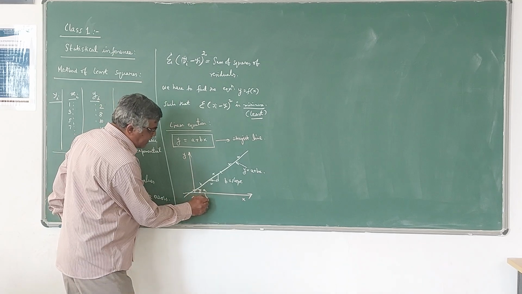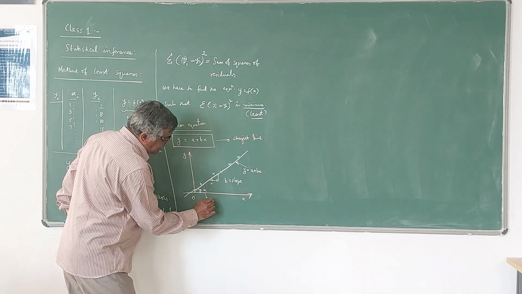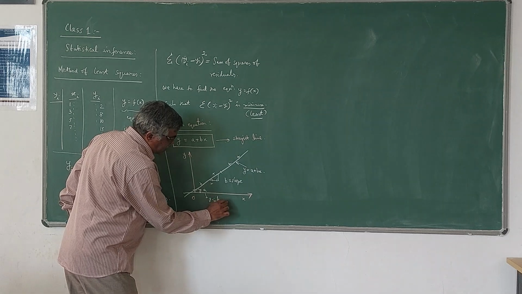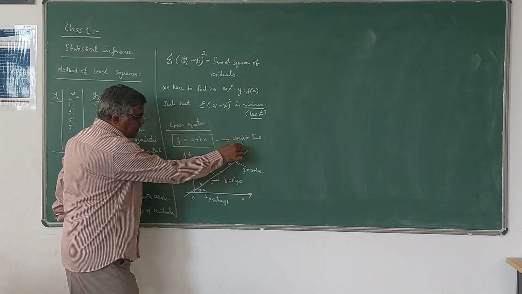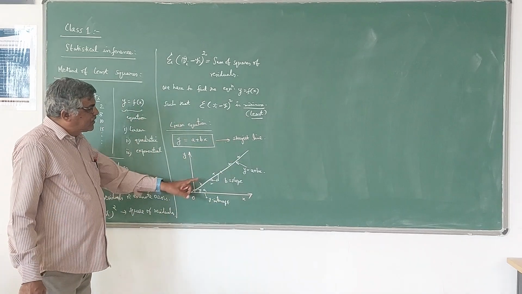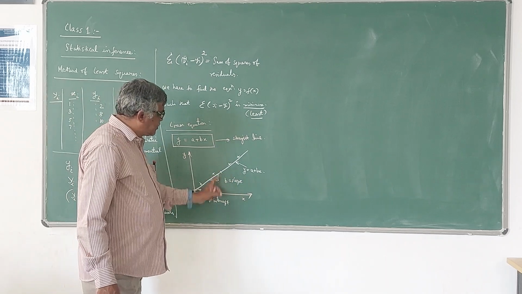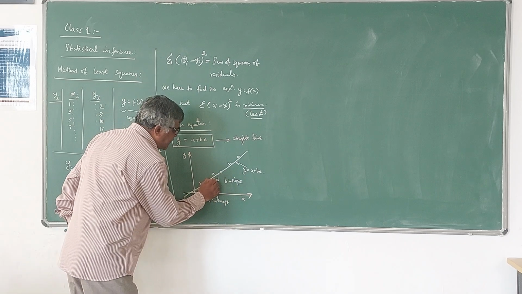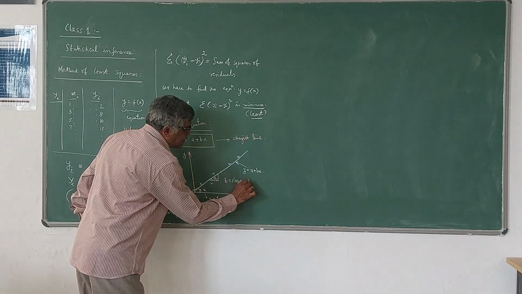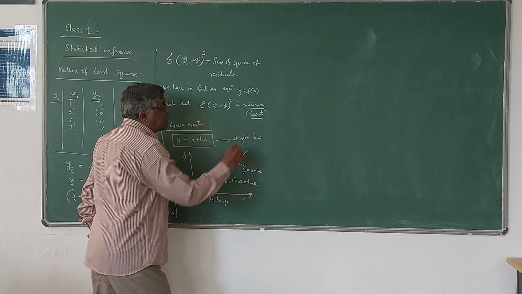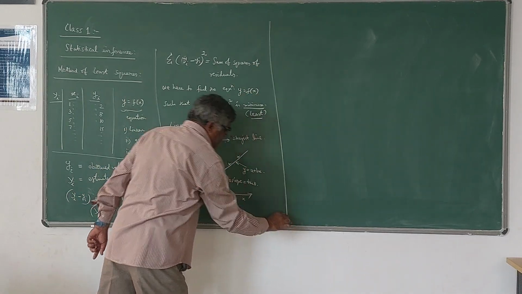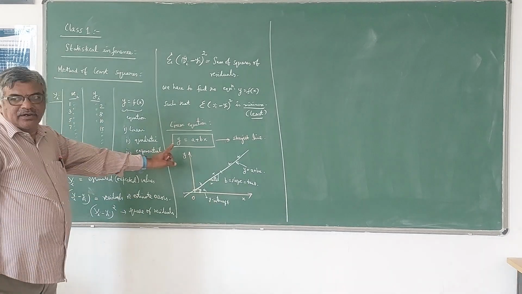Here, the same equation can be written like this. This a is called the y-intercept, where that line cuts the y-axis, and b is the slope. So if this is theta, then b is tan theta. So this is the physical or theoretical interpretation of this equation.